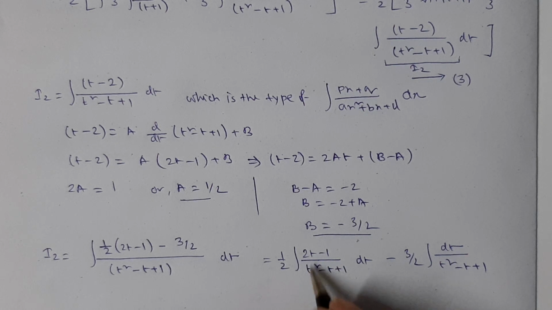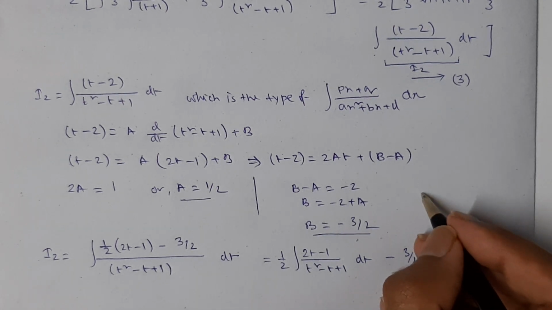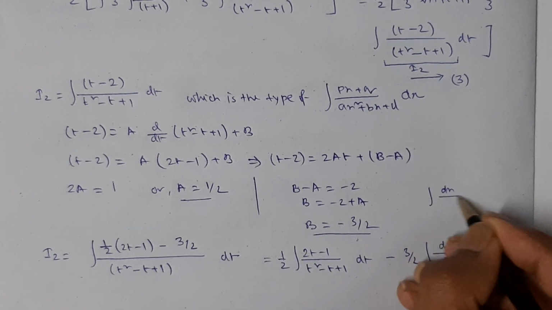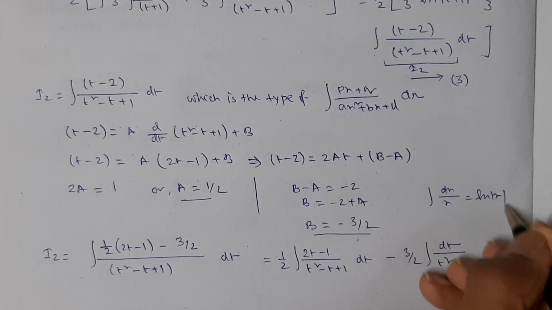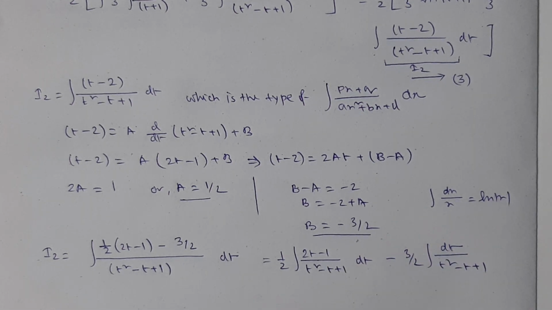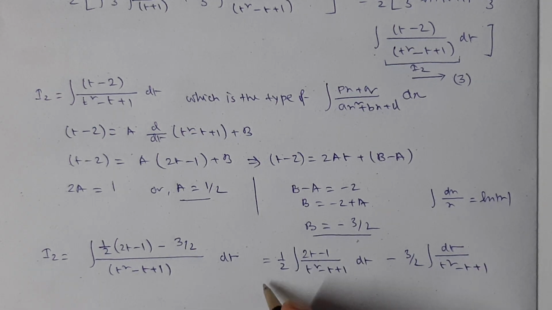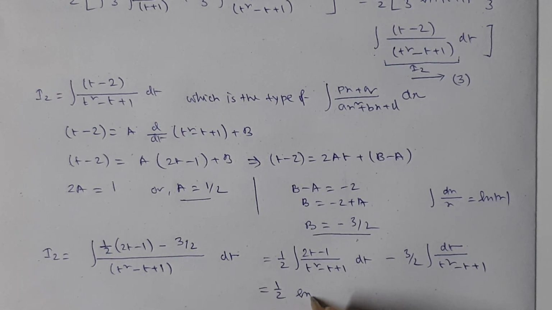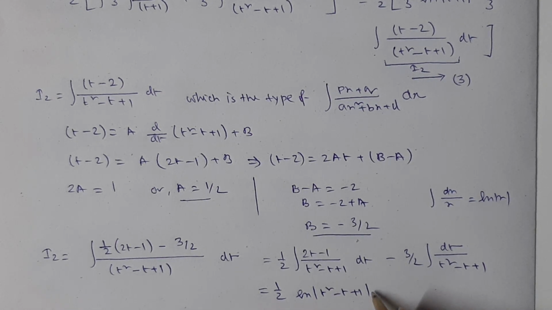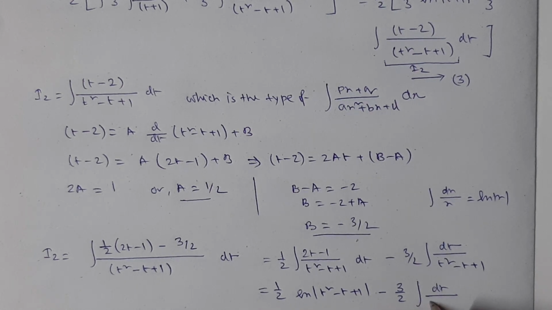So it is a formula like this: the integral of d of x by x is equal to ln x. If we substitute t² minus t plus 1 is equal to a, then it will be the integral of da by a, which is ln a. So half ln of (t² minus t plus 1), we take the mod because there is no negative term, minus 3 by 2 of dt by (t² minus t plus 1).